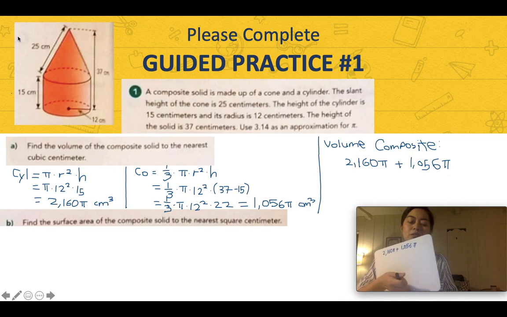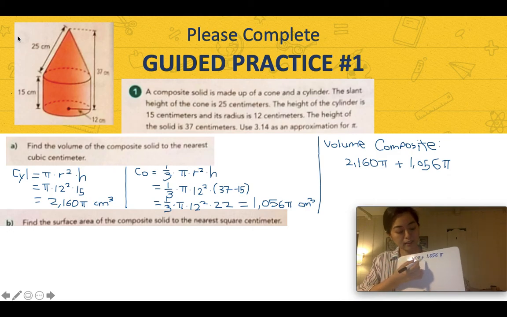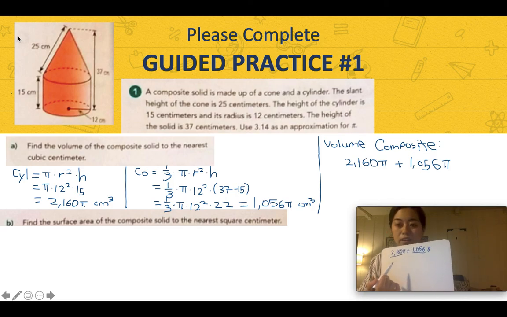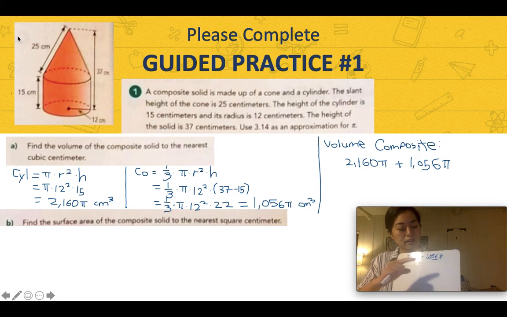But you know what I like to do because it just looks cleaner, okay? I noticed that this term here and this term here have a common factor. What's the common factor? They have the common factor of pi, okay? So this will become pi times, and then I look at the first term.